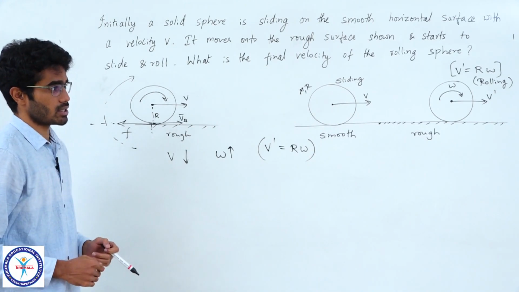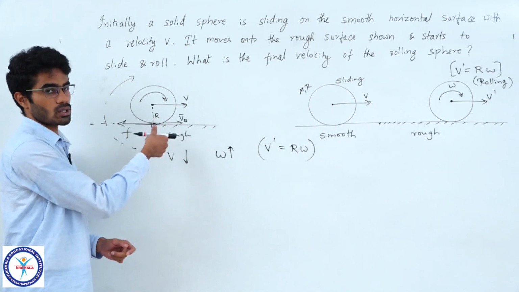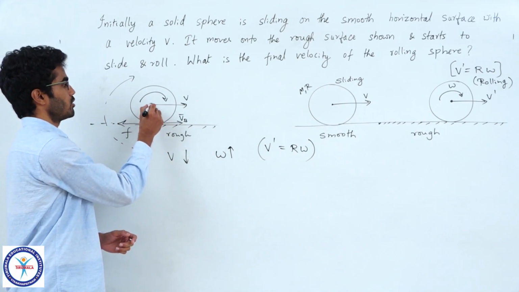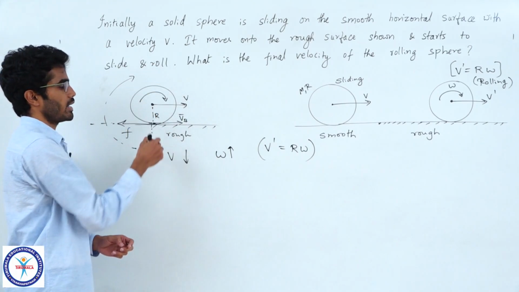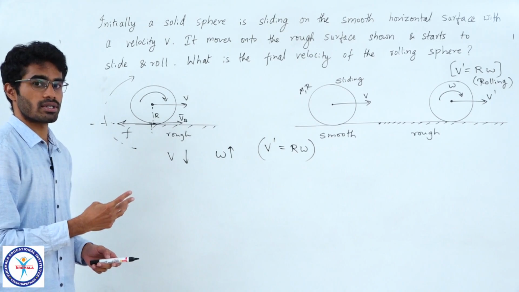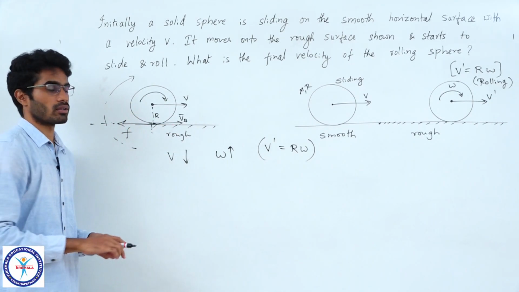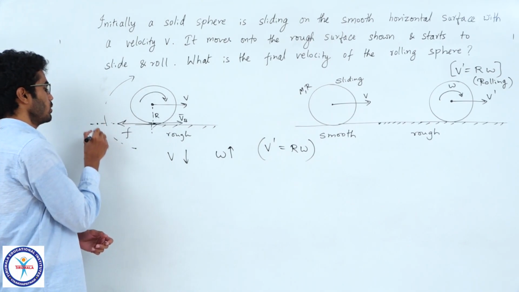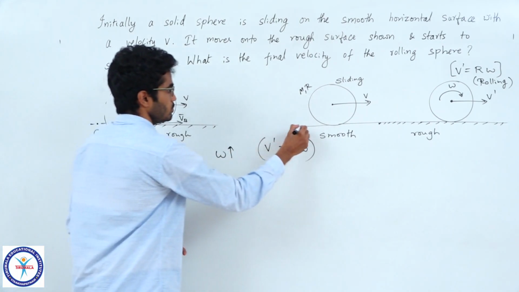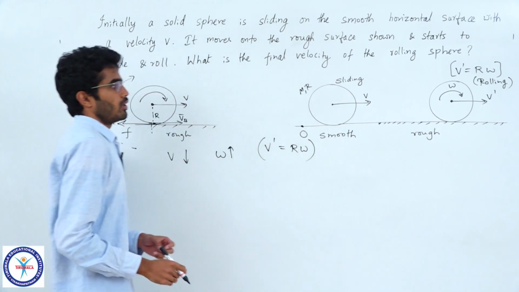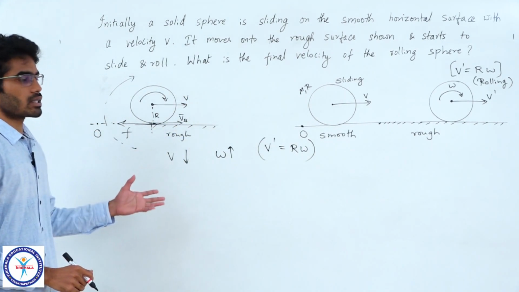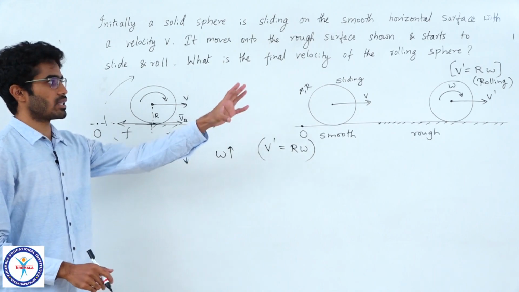We have already discussed this case, whether the friction acts or not on this object, the forces are only normal reaction and mg. When these three forces are present, you can conserve the angular momentum of the object about any point on the ground. So, let us take a point on the ground O, and let us conserve the angular momentum in the initial case and then the final case.